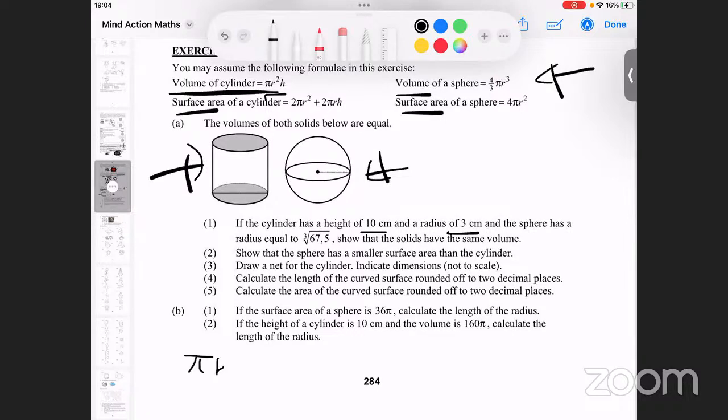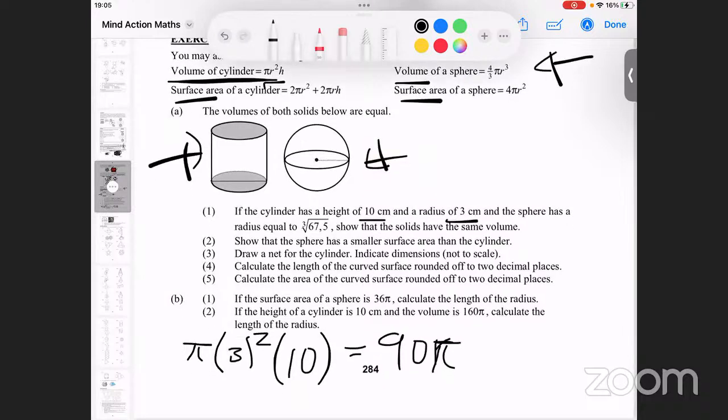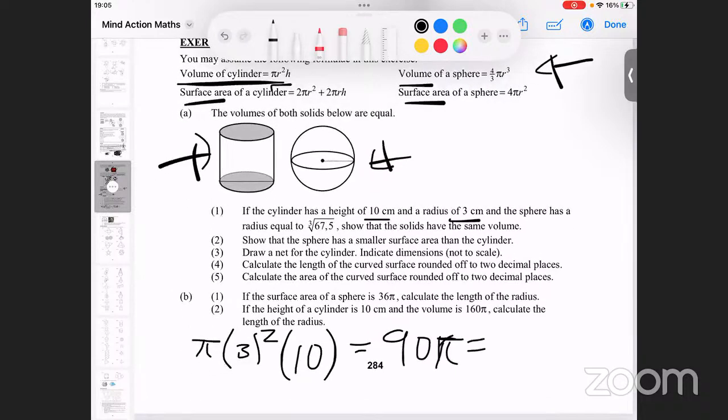What is our r? It is 3 centimeters, squared, times 10. And you are having 90 pi. Yes, 90 pi, ma'am. Okay.